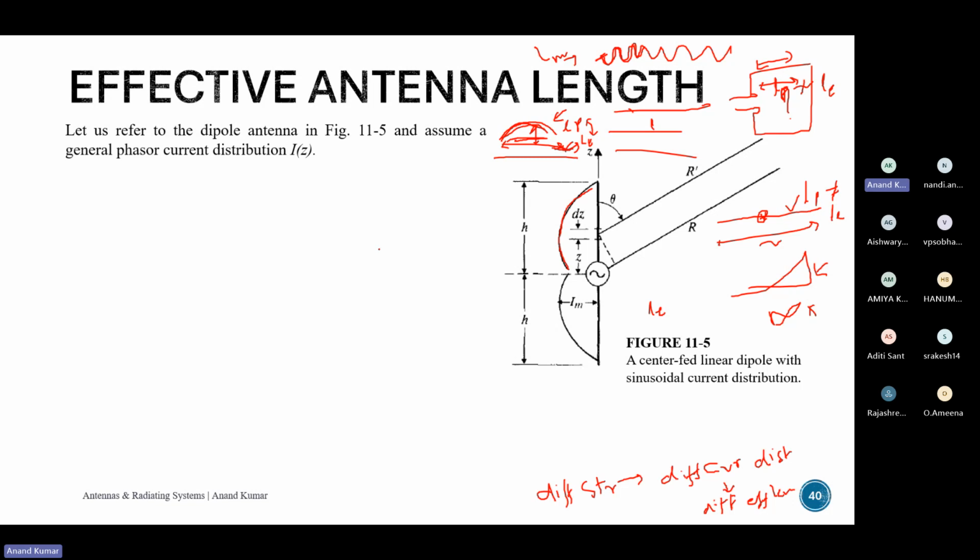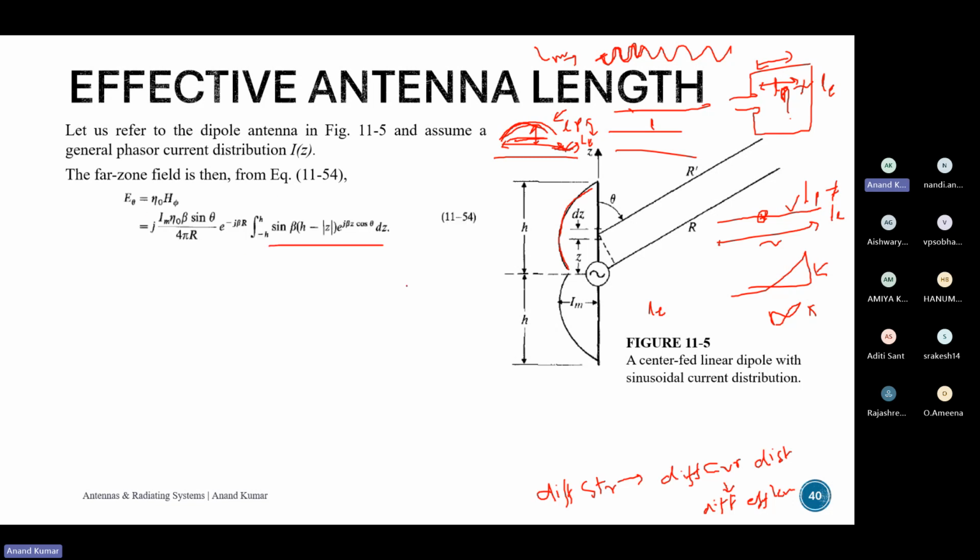Okay. So we'll go through this one example for a linear dipole, and then try to generalize. The electric field in the far field zone for the thin wire dipole that we discussed in the beginning of the class is given by this expression, and for the far field it can be approximated.